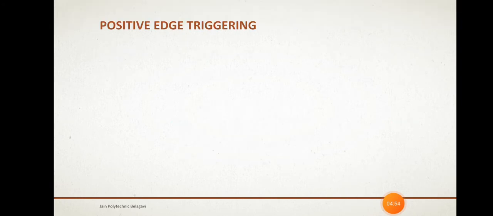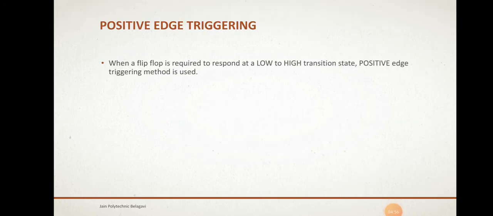Next, there is positive edge triggering. When the flip-flop is required to respond at a low to high transition, the positive edge triggering method is used. When the flip-flop is required to respond at a low to high, 0 to 1 transition, we name it positive edge transition or positive edge triggering.